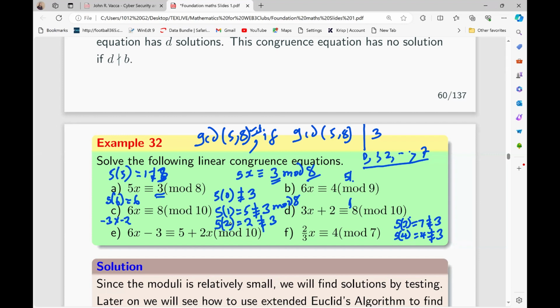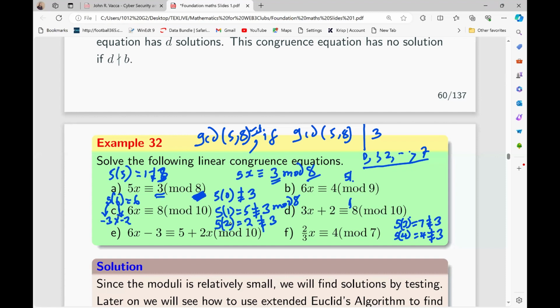Somebody could be asking, where did I get -3 and -2 from? And I will refer that person to my mod, which is 8. So I'm just saying positive 5 is the same as -3 mod 8, and 6 is the same as -2, congruent to -2 mod 8.